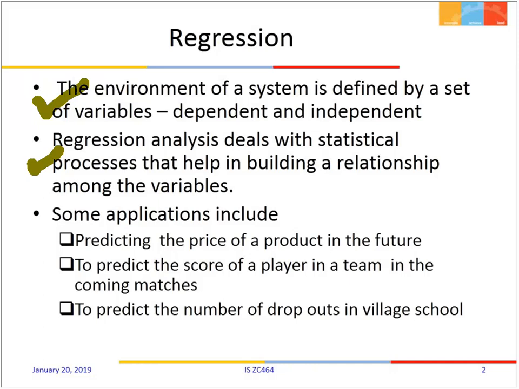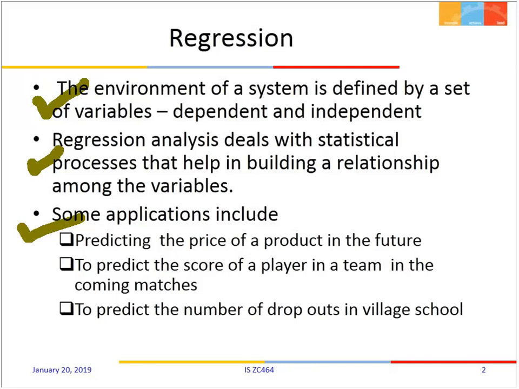So some applications of regression include predicting the price of a product in the future, to predict the score of a player in a team in the coming matches, to predict the number of dropouts in the village school. And every such prediction is possible on the basis of the observations over the period of time.